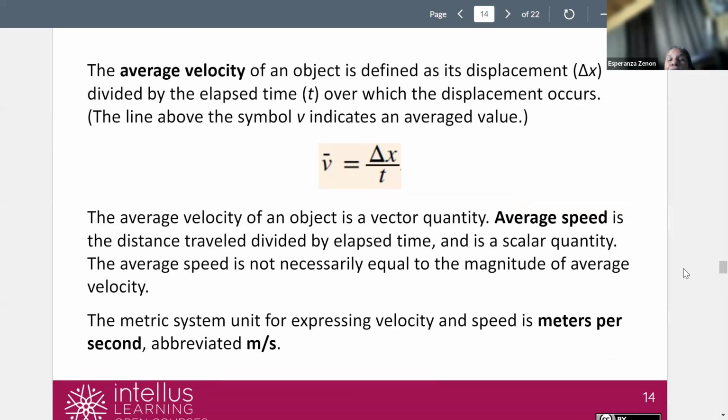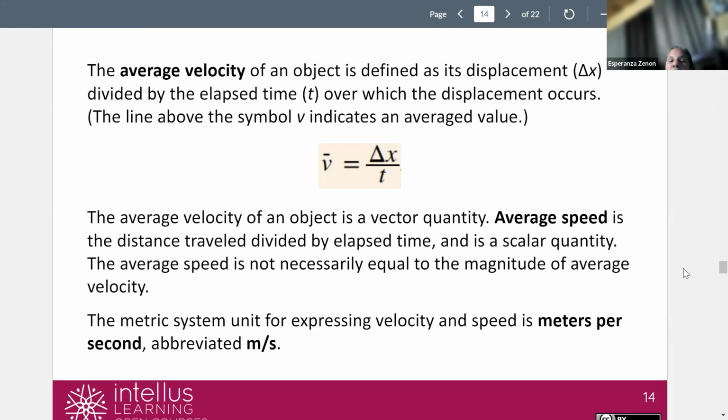You better know the difference in terms of what you're trying to calculate, because you can't rely on the unit. If I tell you, hey, this object's motion is measured using meters per second, that won't tell you which property. But if I say, hey, I want you to find the average velocity, then you know the unit has to be meters per second. Or the average speed, it has to be meters per second. That's in the metric system, right?